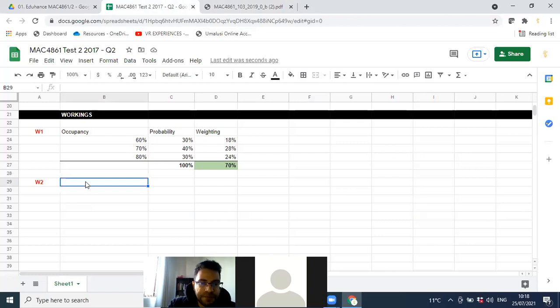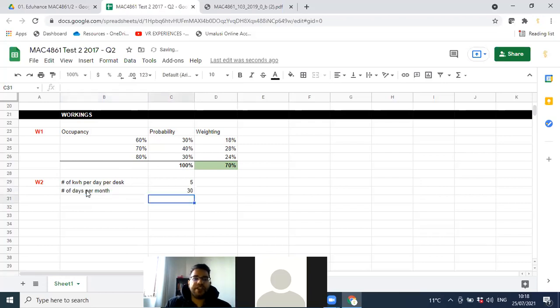The number of kilowatt hours per day is 5. The number of days per month is 30. So 5 times 30 will give you the number of hours per month per desk.